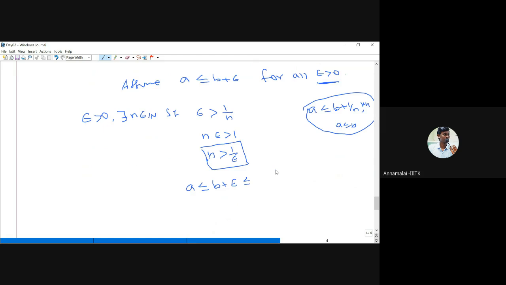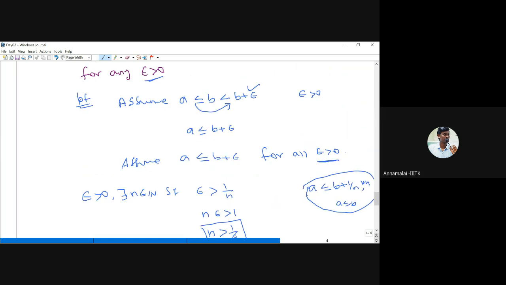N into epsilon is bigger than... this is less than or equal to 1 by n. So we have to prove that epsilon is less than or equal to 1 by n. So we have to prove n is bigger than epsilon. This is not true in general. I did some mistake.